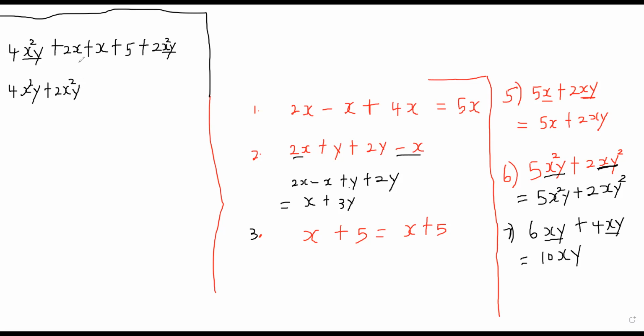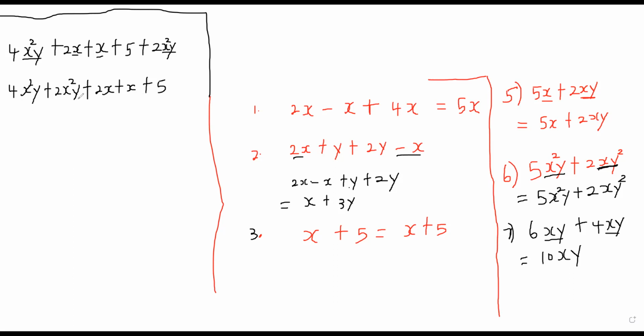Then we come here, we have an x here, and also we have an x here. So we put those two together. We have 2x plus x. Then we have a 5. Any more numbers? No. So we leave the number by itself there.